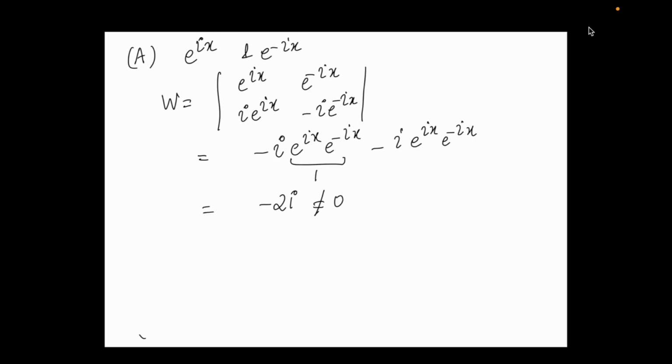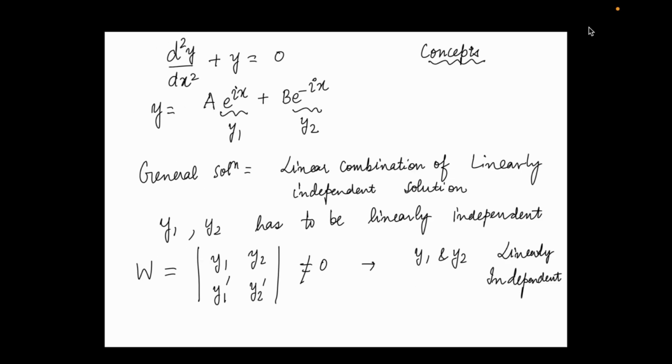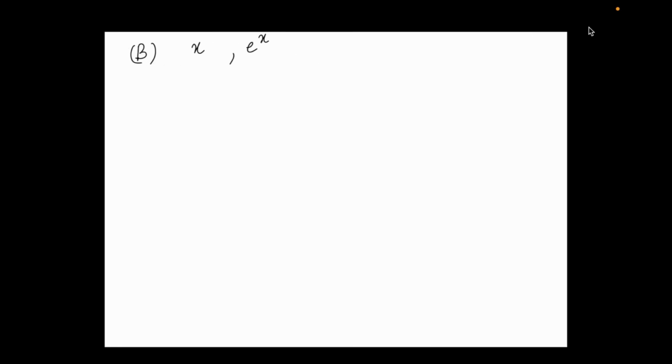Now let's look at option B. B option is x and e to the power x, if I remember correctly. Yes. So let's write the Wronskian. The derivatives are 1 and e to the power x, and the result is x e to the power x minus e to the power x.